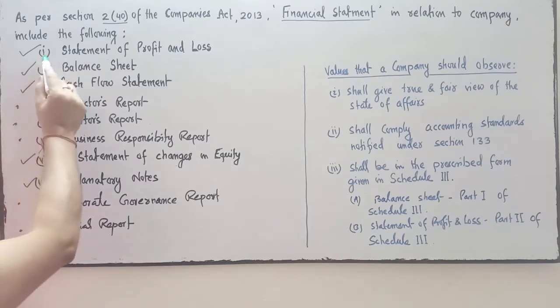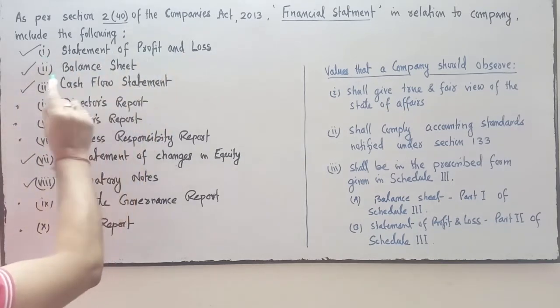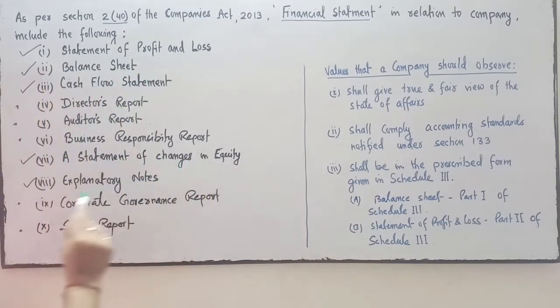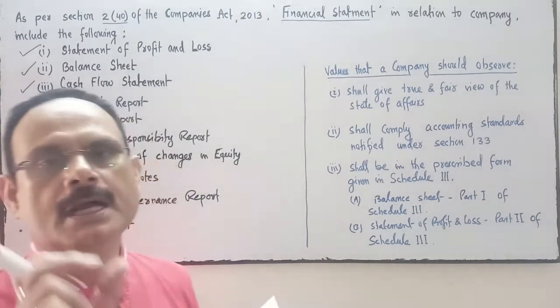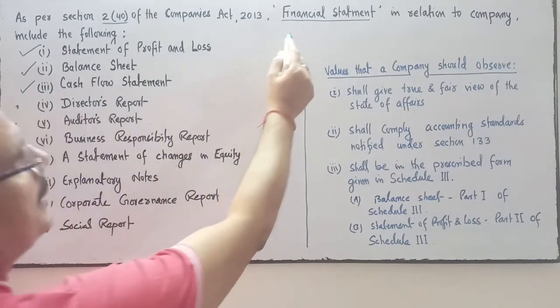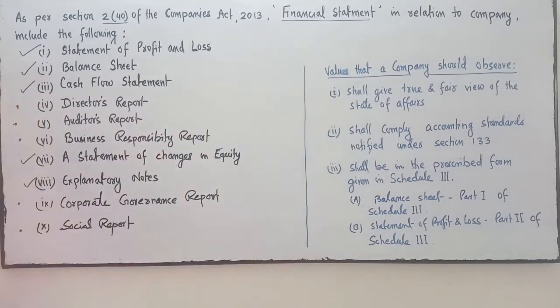So these 5, statement of profit and loss, balance sheet, cash flow statement, statement of change in equity and explanatory notes, meaning notes to account, are the part of our financial statement in relation to a company, as per Section 2 Subsection 40 of the Companies Act 2013.